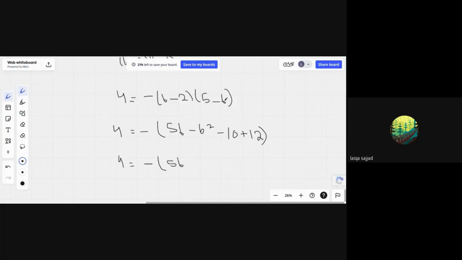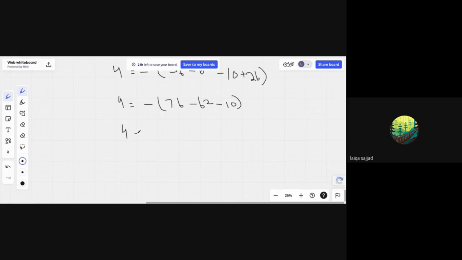This is not 6 actually, this is b. So when you multiply it, you will get minus minus plus 2b, not 12. So it will be 5b plus 2b, which gives 7b, minus b squared minus 10. Now you multiply it by minus and it becomes b squared minus 7b plus 10.